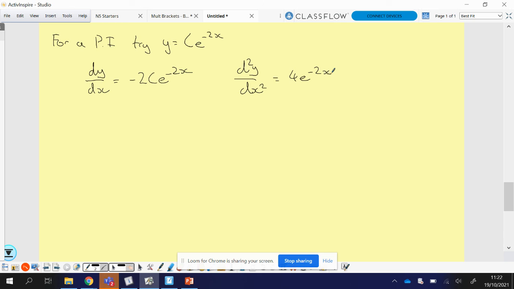Now we need to substitute these into our equation to solve what c was.